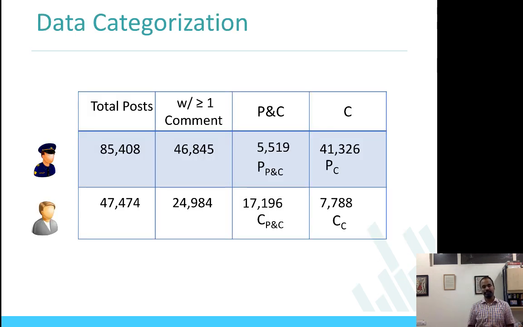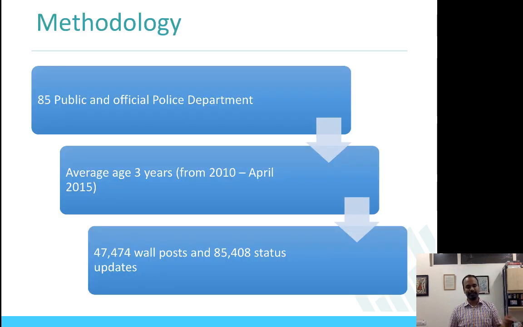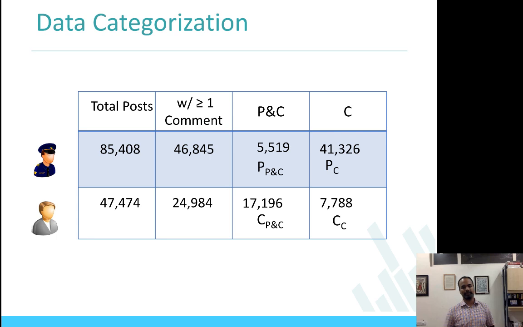The icons that we will consistently use: police is the second row in this table, and citizens is the third row. Total posts done by police was about 85,408, and by citizens about 47,474. This number is the same as in the last slide: citizens' wall posts, where people are posting on the page, and status updates, where police themselves are posting on the page.